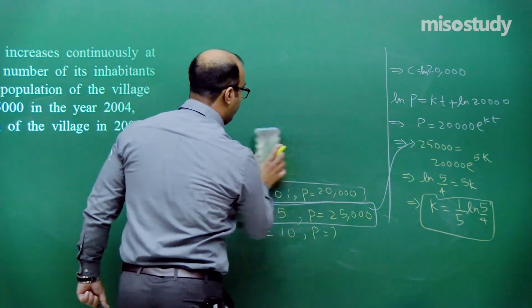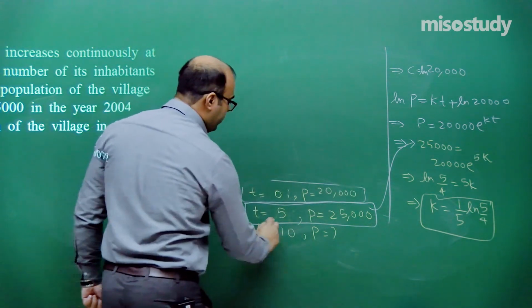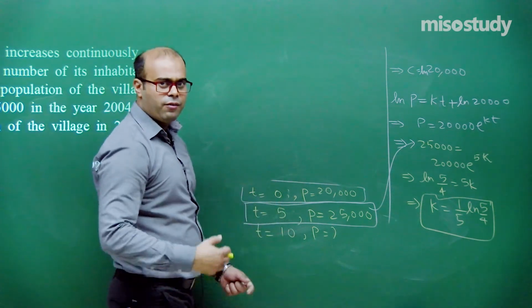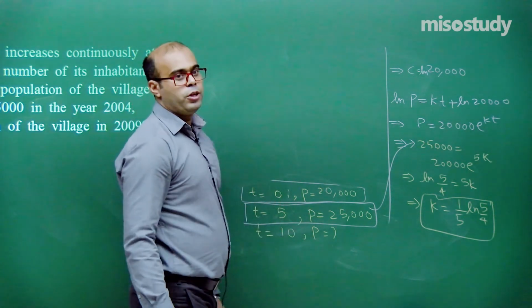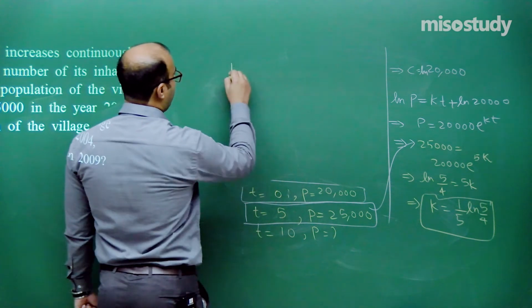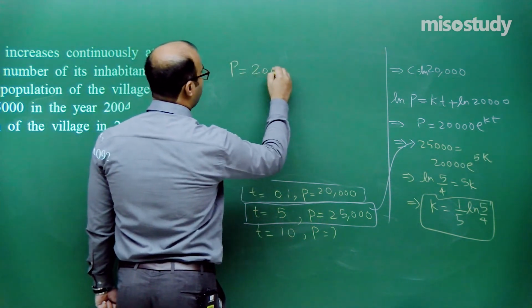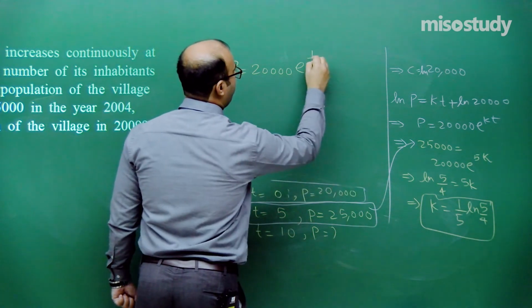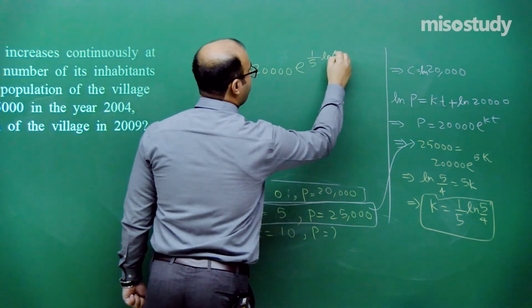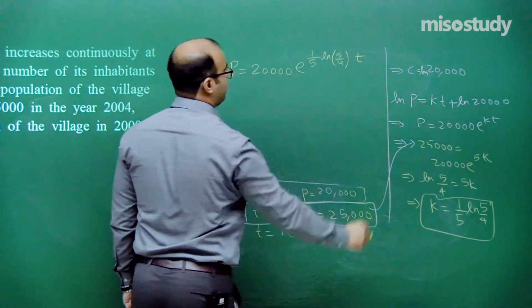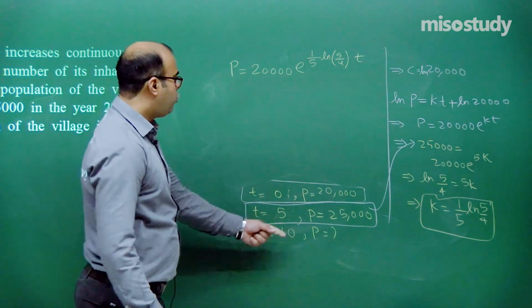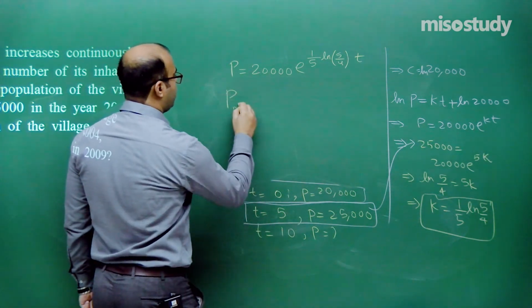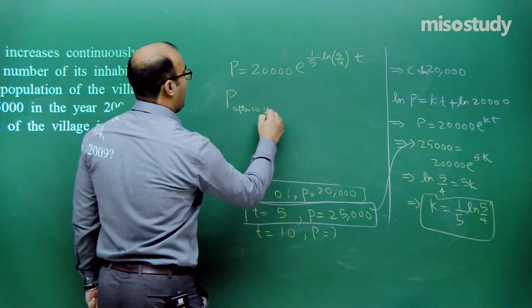Now we have to find by the third condition, when time is 10 years, after a 10 year gap, what will be the population. So the equation now becomes P is equal to 20,000 e to the power Kt, and K has come out to be 1 by 5 log of 5 by 4, into t. So if we put t equal to 10 years, what will happen?